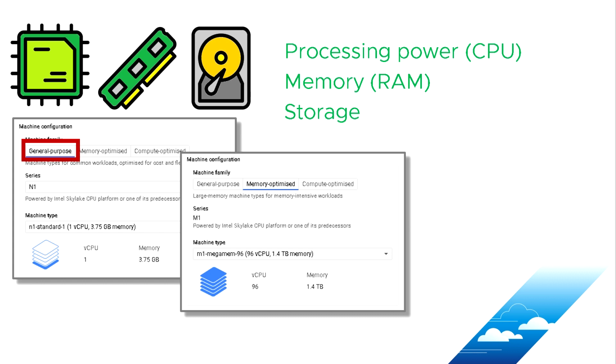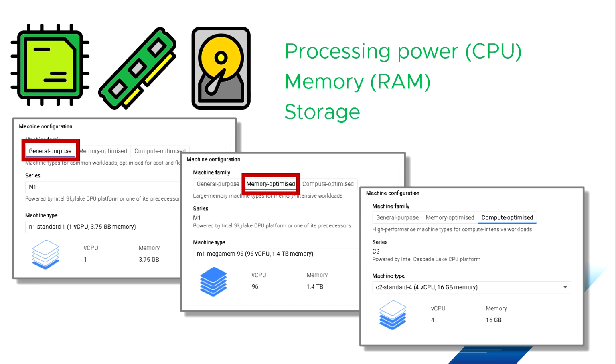They've got more memory ratio in comparison to CPU. And then compute optimized, where the ratio of compute to memory is higher in the favor of compute. So just an example there on how to build a virtual machine, and that there's generally a general purpose, a memory optimized, and a compute optimized version.